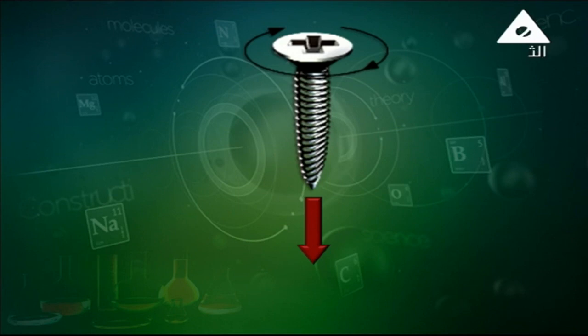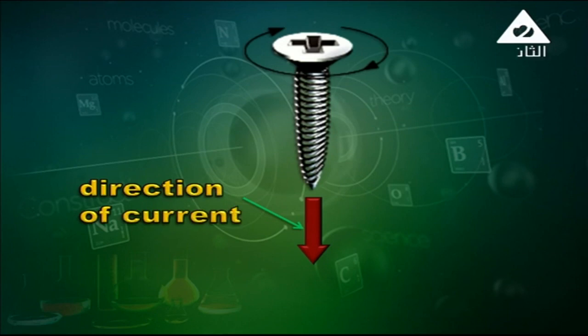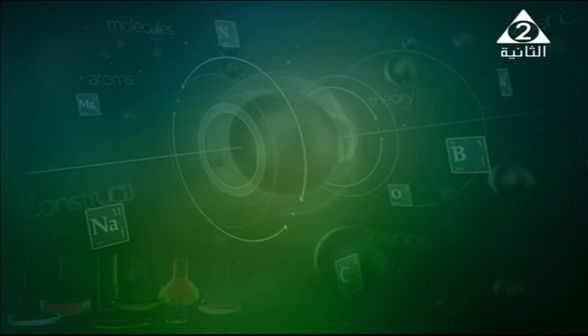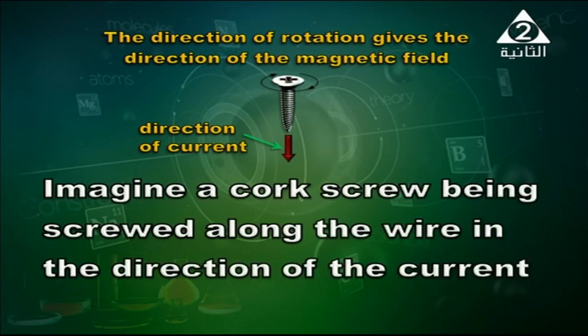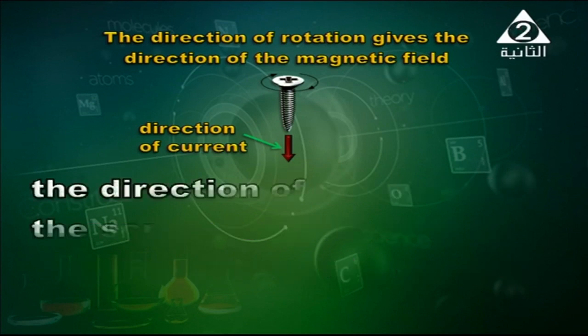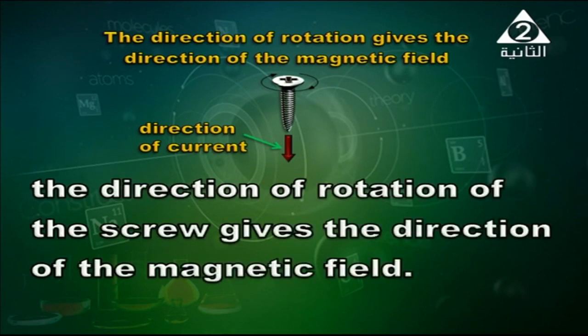It will advance in the direction of the field. So once again, imagine a screw being screwed along the wire in the direction of the current. The direction of rotation of the screw gives the direction of the magnetic field.